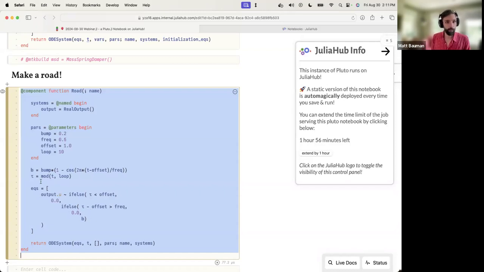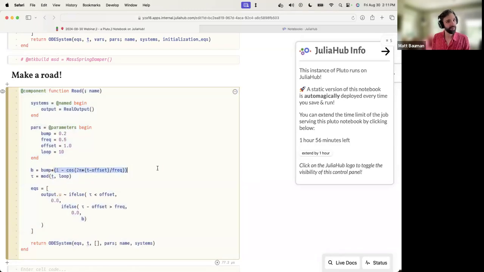What this is going to do here is, we have a very simple bump equation, and every 10 seconds, we're going to loop and bump and give ourselves some value that we can look at what happens to our mass spring damper, assuming that I'm able to get that working, but we'll see what happens here.